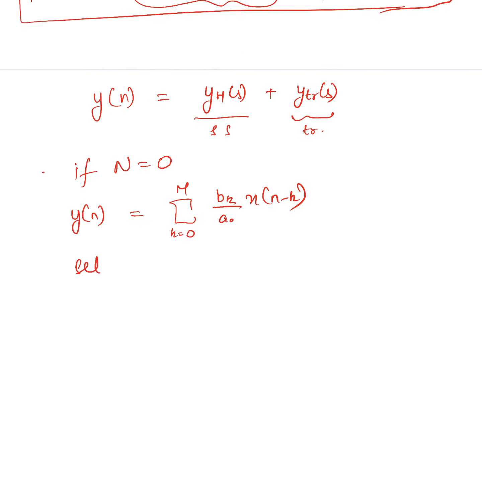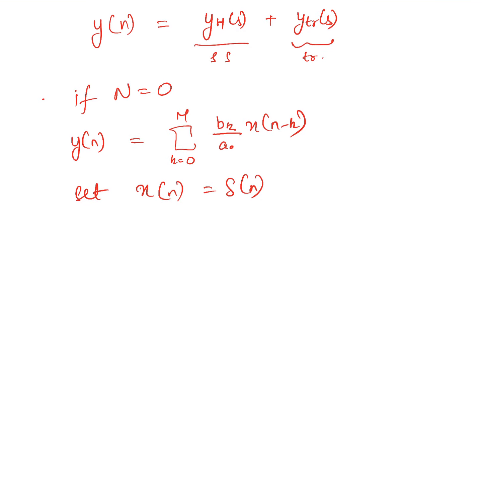Now if I set x of n equal to delta of n as an impulse input, then I would get the impulse response of the system as h of n, which would be equal to the summation from k equal to 0 to M of b_k by a naught times delta of n minus k.